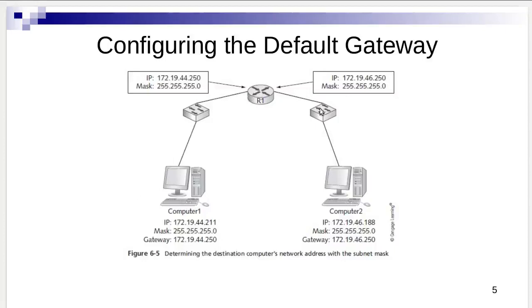Similarly, on this side, you have computer 2 with an IP address 172.19.46.188, and the mask is once again 255.255.255.0, and it says here the default gateway is 172.19.46.250. So the third octet is different from computer 1, and the subnet matches the network ID of computer 2.